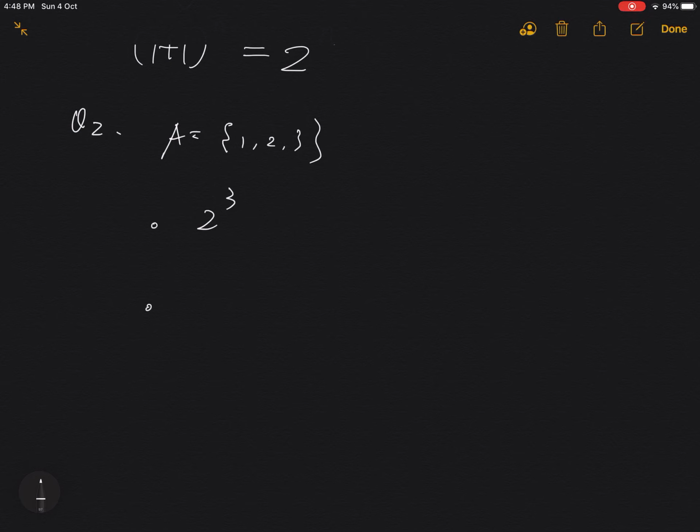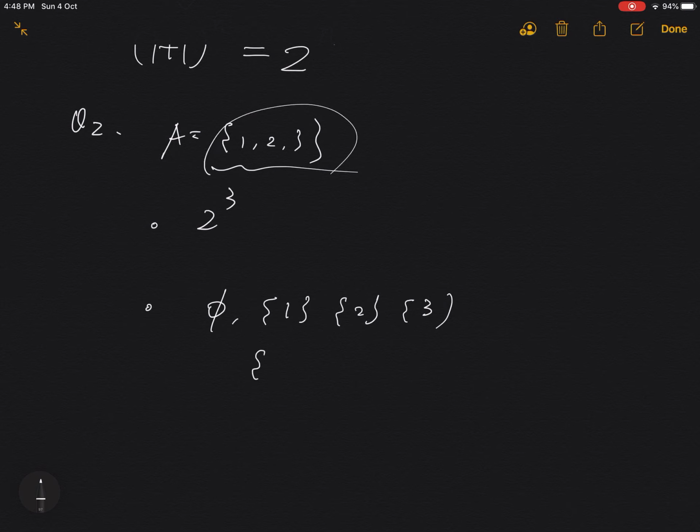Also, if we use the counting approach, it would be the empty set, and then we choose 1 element from 1 to 3, so we will have {1}, {2}, {3}. If we choose 2 elements out of 1, 2, 3, we will have {1, 2}, {1, 3}, and then {2, 3}.